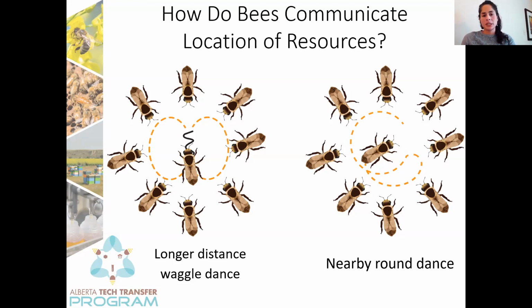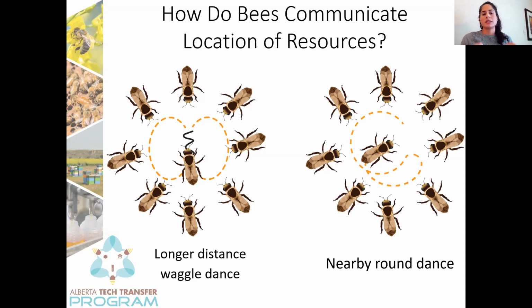So if it's windy, it will take them more energy to get there, because they will be getting a headwind, and they will have to fly a little bit harder to get back or to get there. So if it's windy, they will say that it's further away, just because they would need more energy to get there.